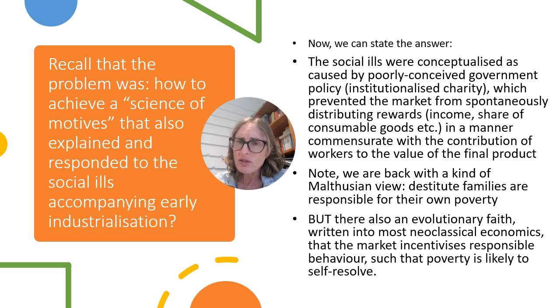So these social ills were actually caused by governments choosing to respond to destitution, because institutionalised charity or welfare decreased the price of children for poor families, incentivising them to have more children than they could really afford to feed.